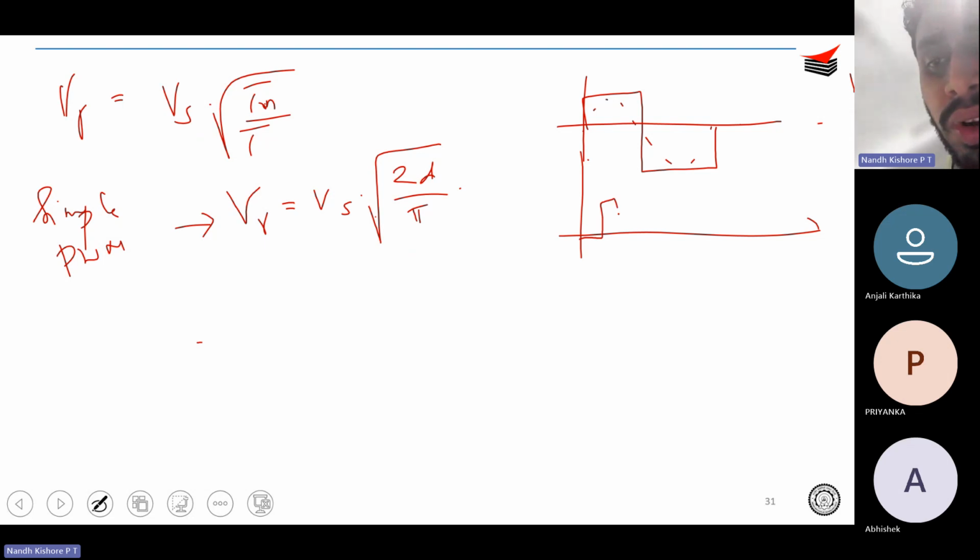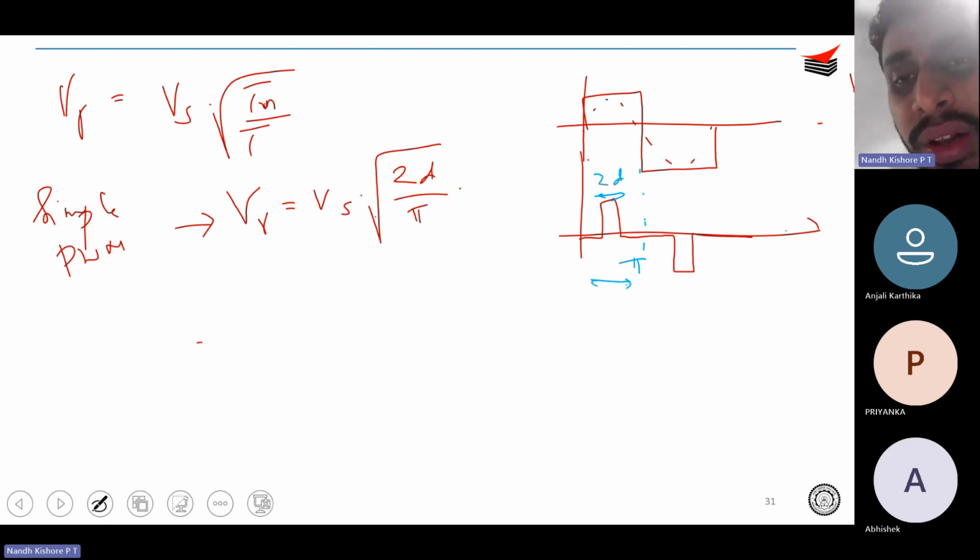Then you modulate it something like this. This particular region is called the pulse width or 2D, and this is your pi. Therefore, the on period is 2D and the total period is pi in one half cycle. So Vs into root over 2D by pi. That is the formula for simple PWM.